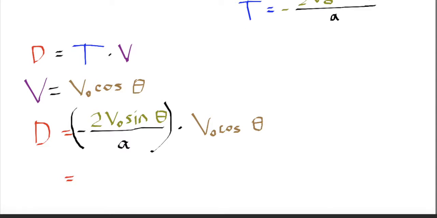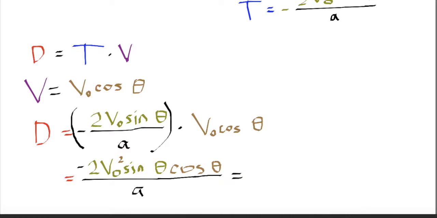And this can be simplified to negative 2 v naught squared times sine theta times cosine theta divided by a. This is equal to negative v naught squared times sine 2 theta divided by a, because we have 2 sine theta cosine theta, which can be simplified to sine 2 theta.